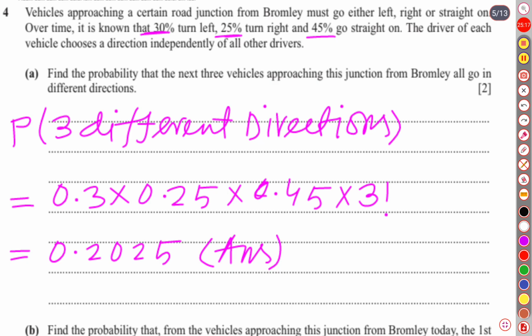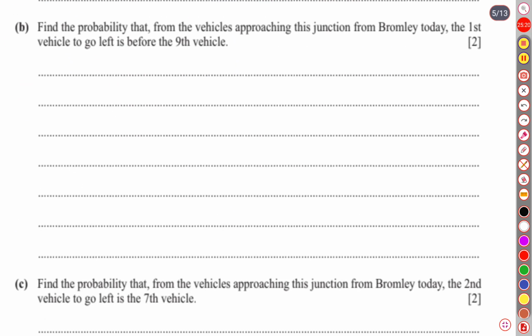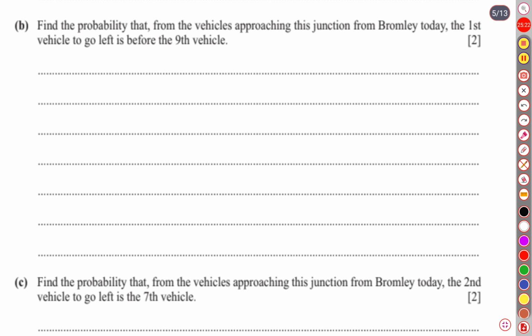Let's see the second question. It says, find the probability that from the vehicles approaching this junction from Bromley today, the first vehicle to go left is before the ninth vehicle. Since the question includes the word first, look, this is a clue word.